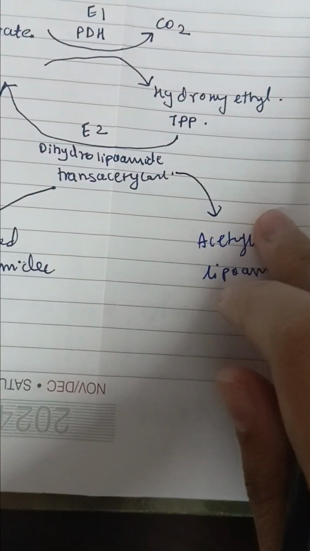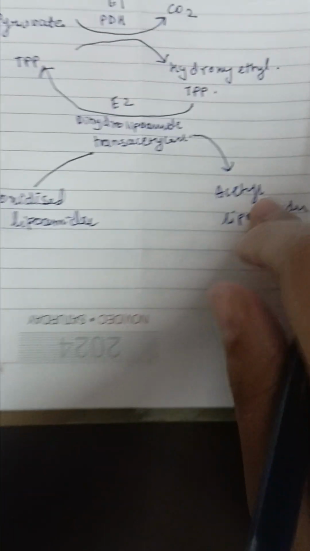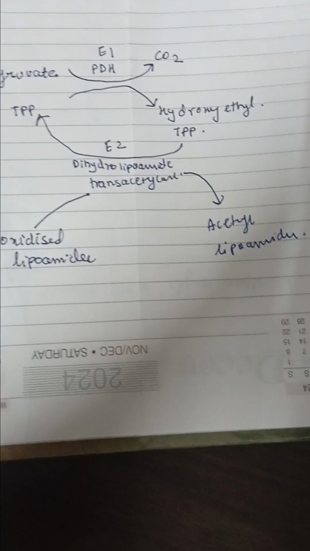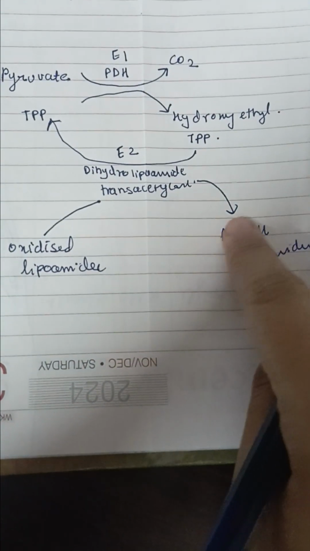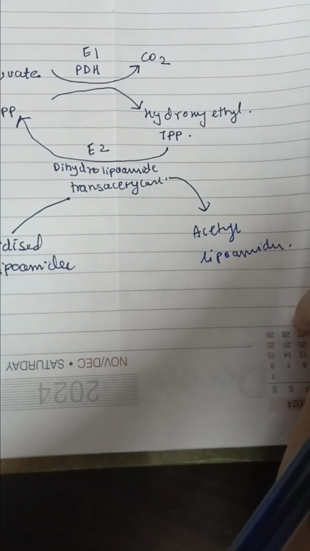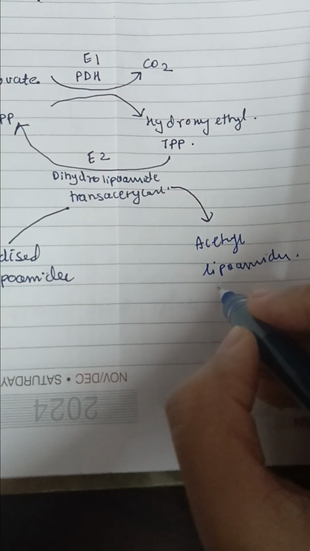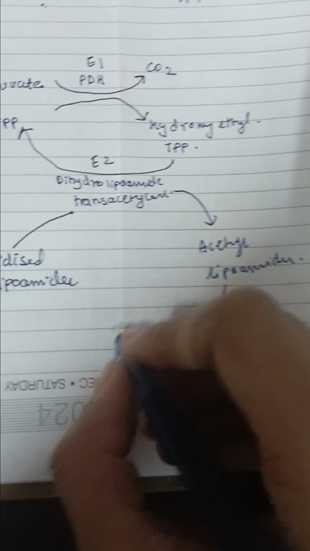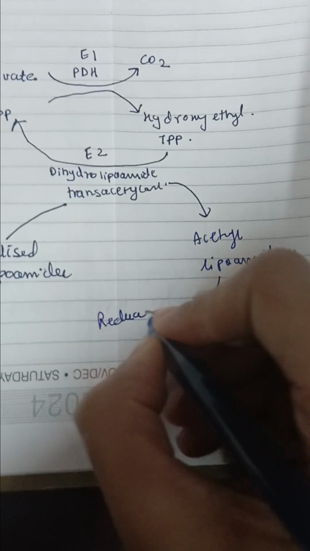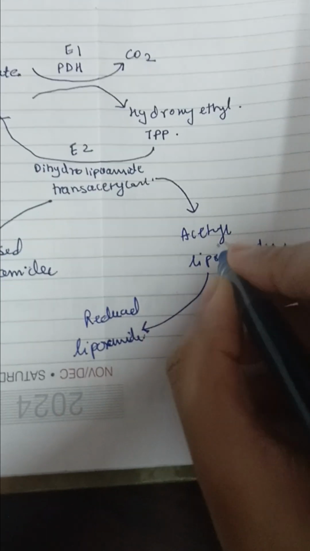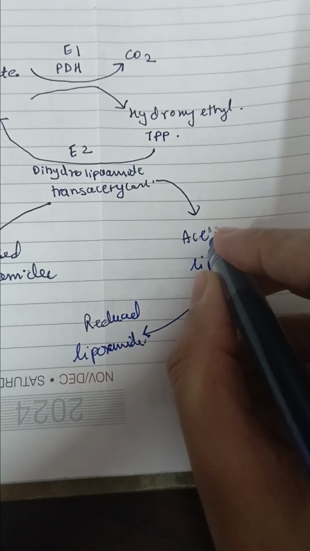Now this acetyl lipoamide will form lipoamide, and the acetyl group will be removed from it. So we have a reduced lipoamide formed from the acetyl lipoamide, and what happens to this acetyl?